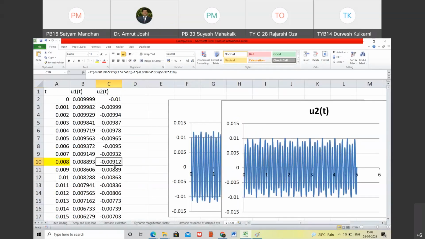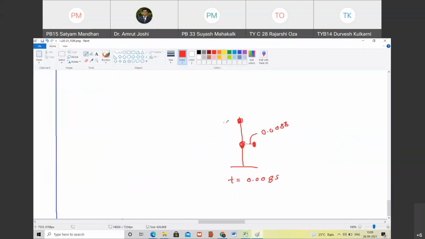M2 now is on the left hand side of mean position, at minus 0.00912, which is very close to 0.0088. So how does the deformed shape look like at this time instant? The deformed shape is going to look something like this. Are you with me?